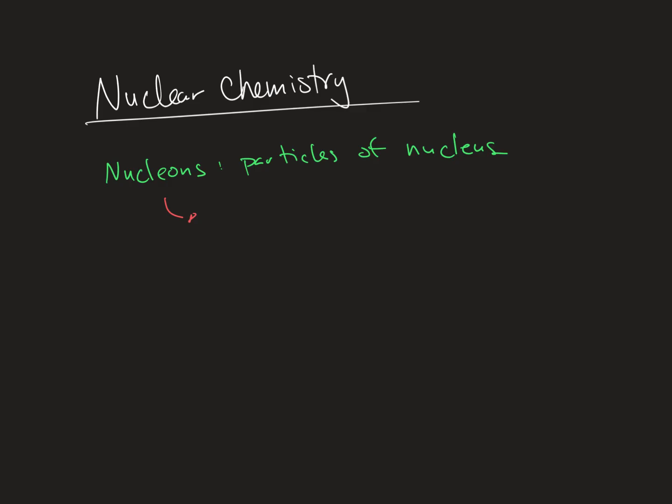These are protons and neutrons. Is that the only particles of the nucleus? No. But that's all we're concerned with. Okay? So you ever heard of quarks and antiquarks and muons, neutrinos? Yeah. We're not going to cover all that stuff.